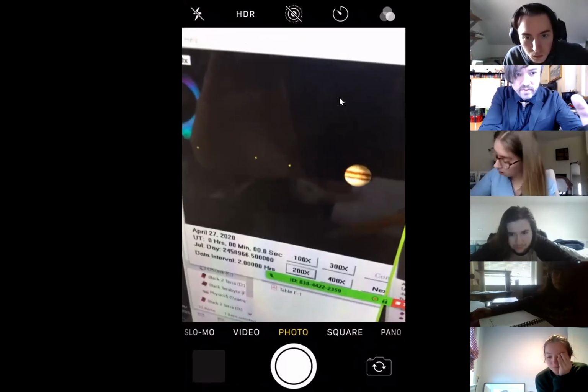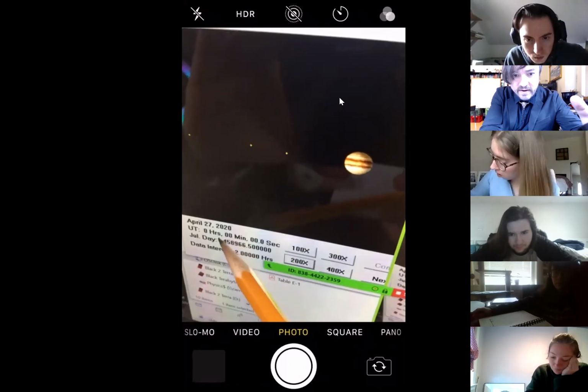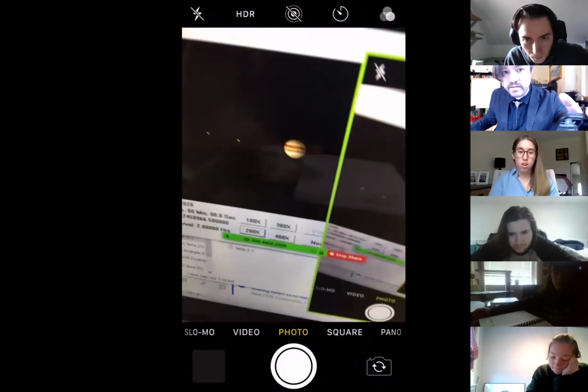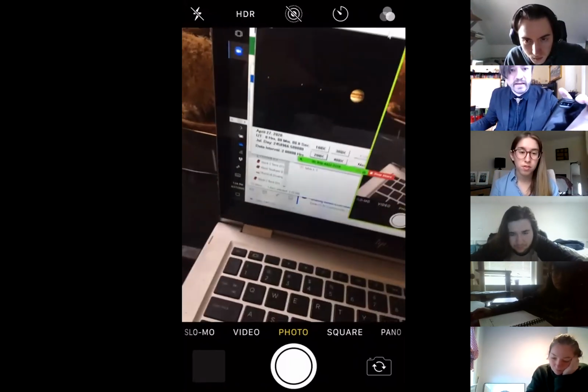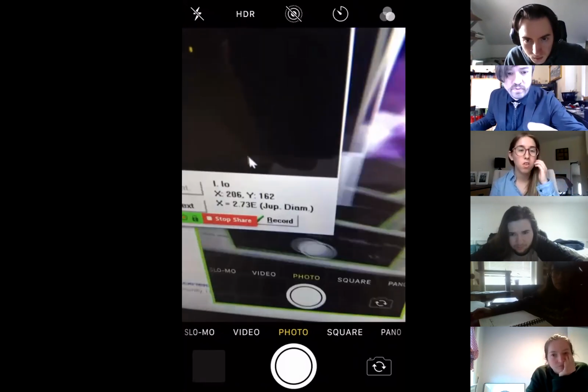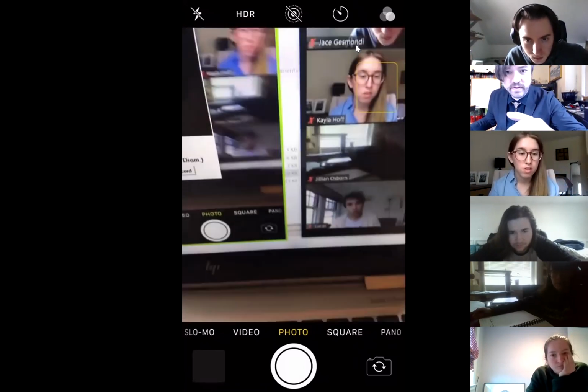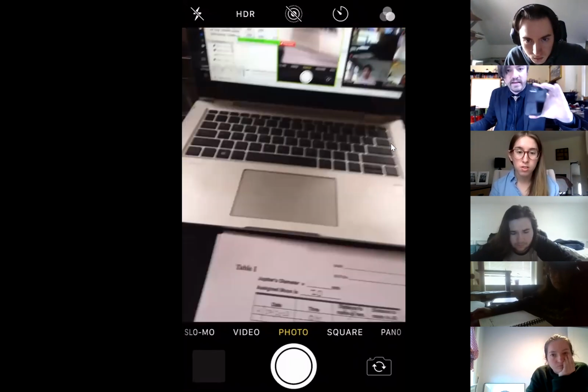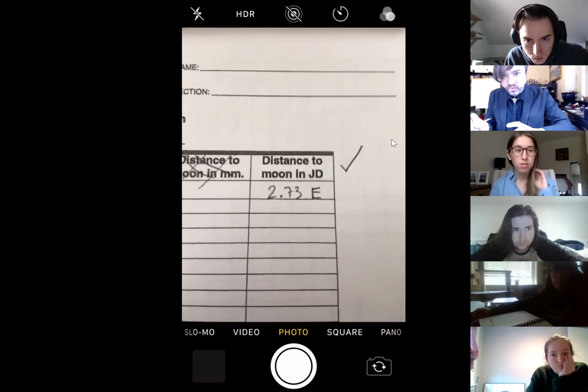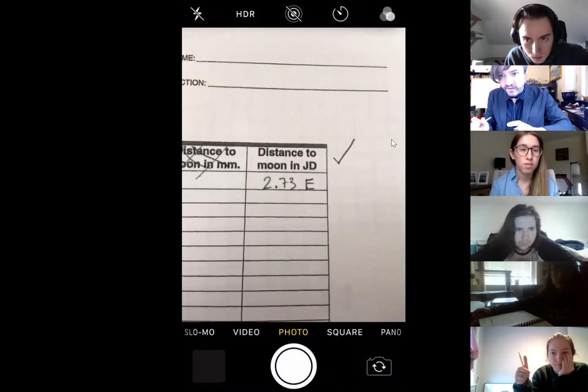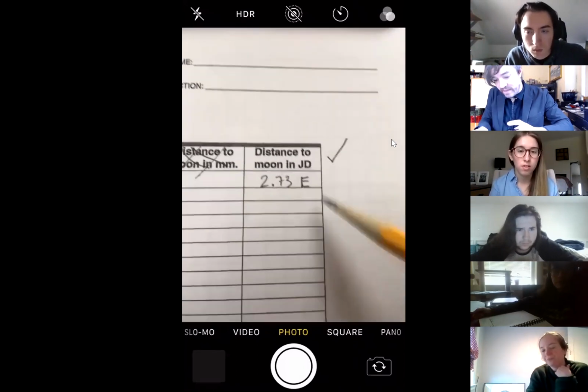We're currently at 0 hours, and it's 2.73 east, and therefore I've recorded that here. Does everyone understand what I'm doing? I don't think I described that very well, but you can see I'm taking the measurements here.